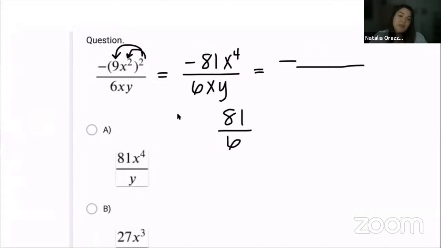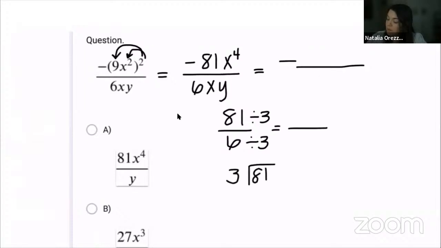When I simplify this fraction, I need to find a number that I can divide both top and bottom by. So here, I can divide both top and bottom by the number 3. Here on the top, 81 divided by 3. Let's do that real quick. 3 goes into 8 2 times.